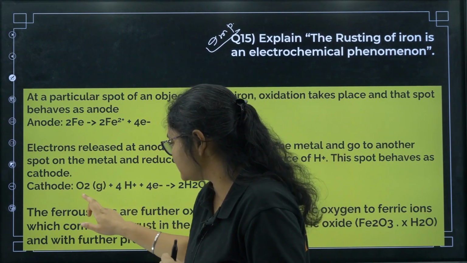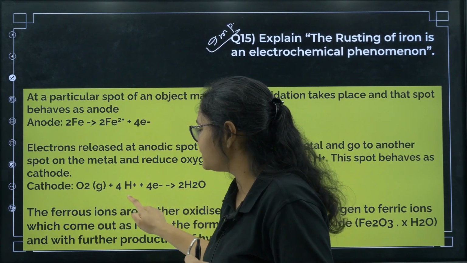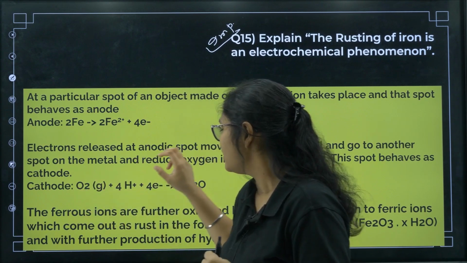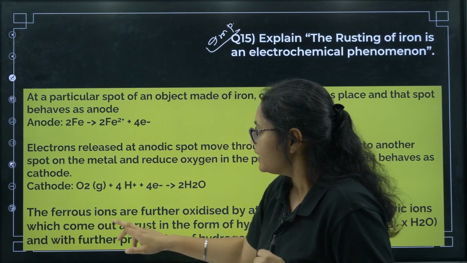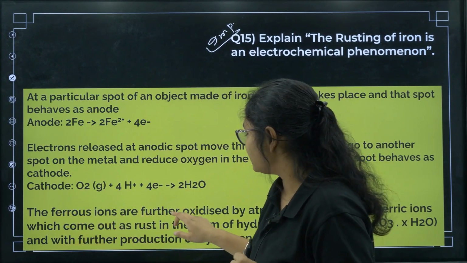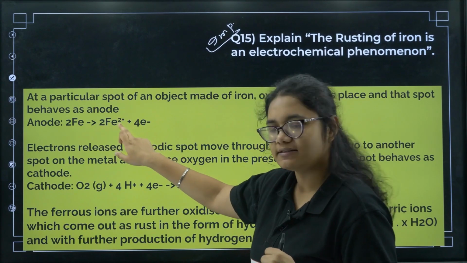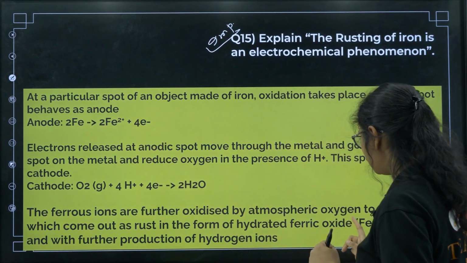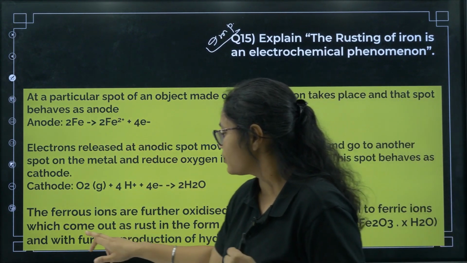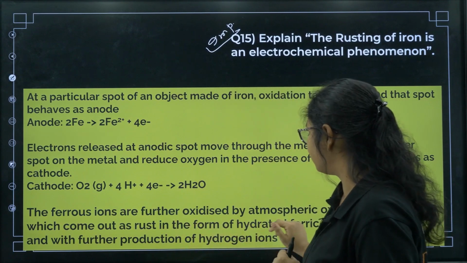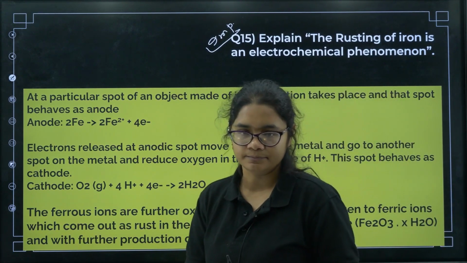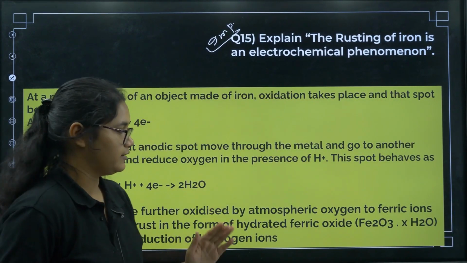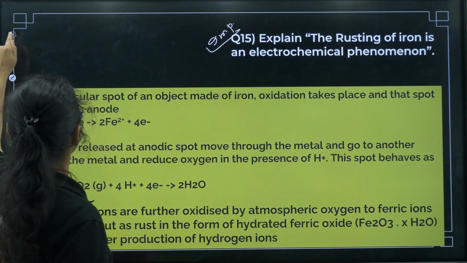So these electrons, in the presence of H+ ions, reduce oxygen to give water. Now the ferrous ions are further oxidized. So you see, these ferrous ions are further oxidized by atmospheric oxygen to ferric ions, which come out as rust in the form of hydrated ferric oxide. Clear? This is an important question. You can write it down in these 3 points.